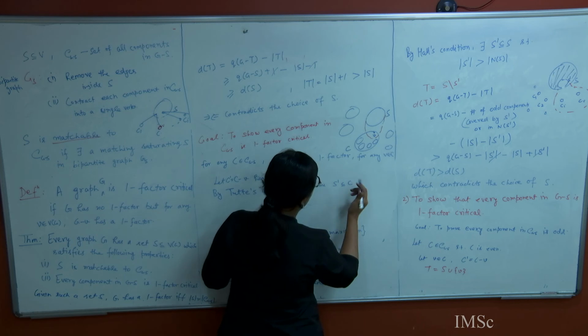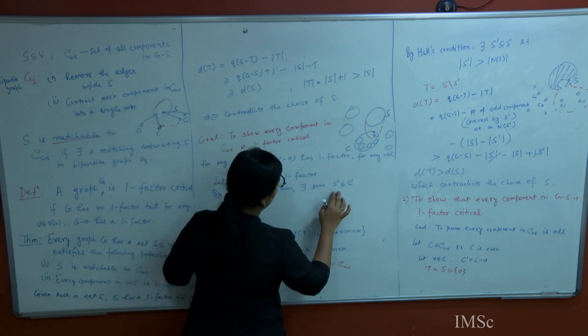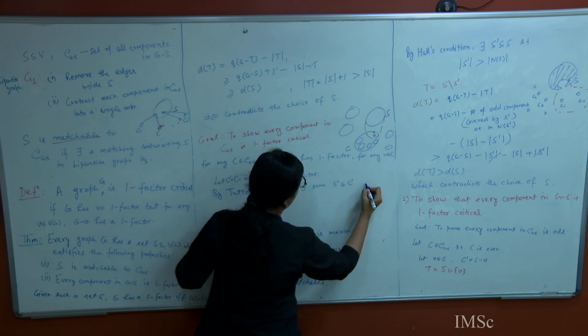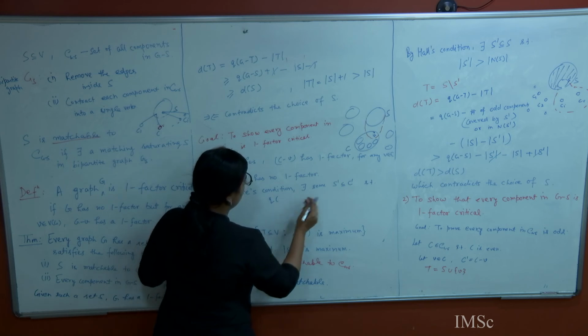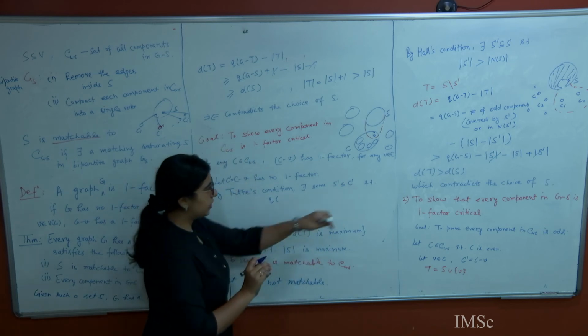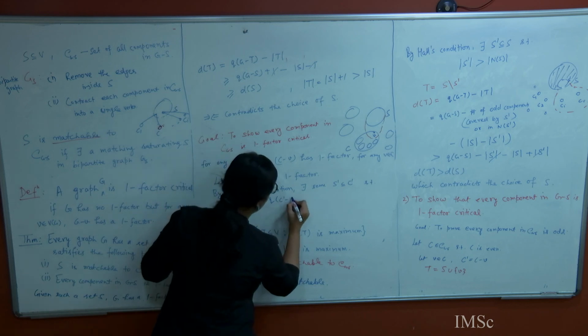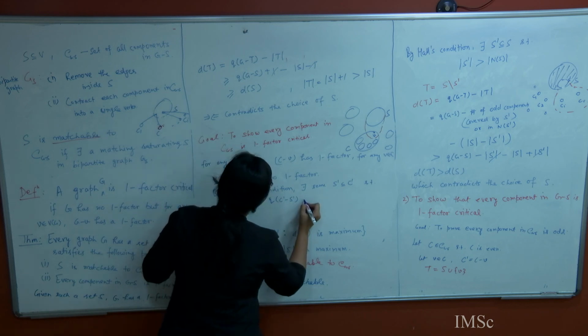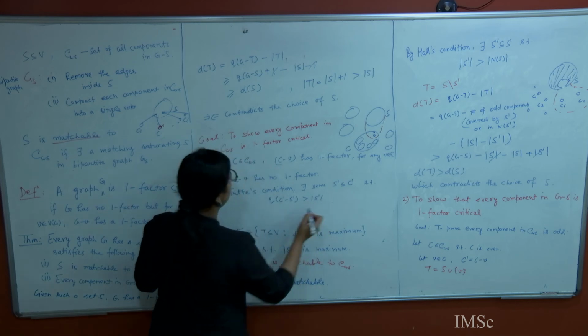So, there exists some set S prime, subset of C prime, such that, now our graph is not G but this C prime, right? C prime minus S prime is strictly greater than cardinality of S prime.